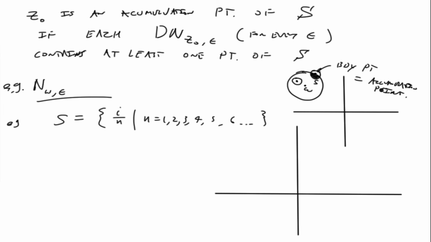For n equals 1, we have the point sitting right at i, for n equals 2 we have the point i over 2, then i over 3, then i over 4, and then i over 5.